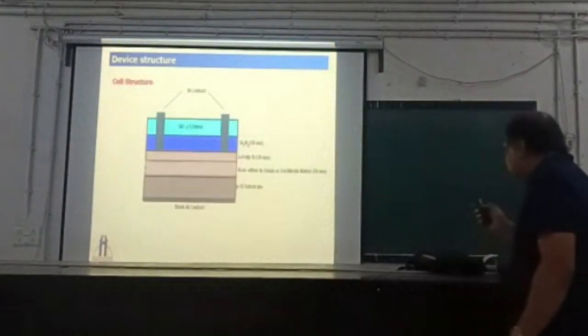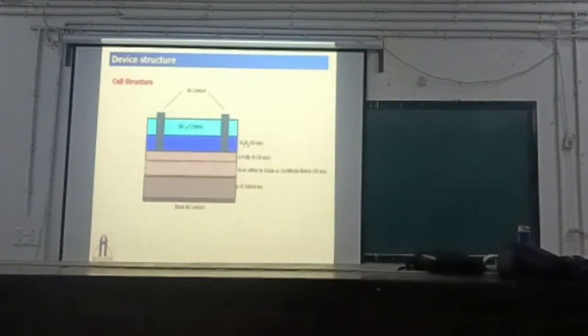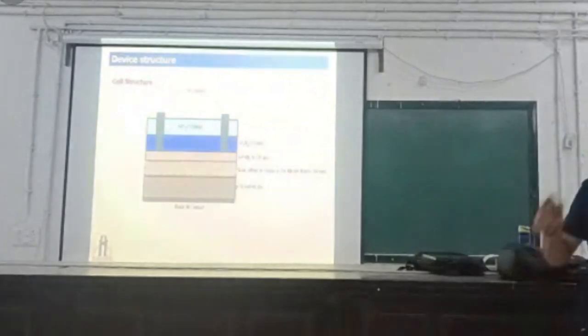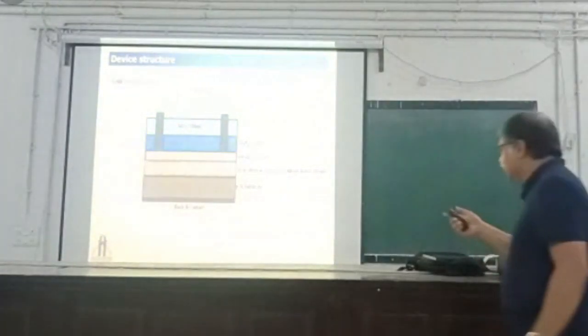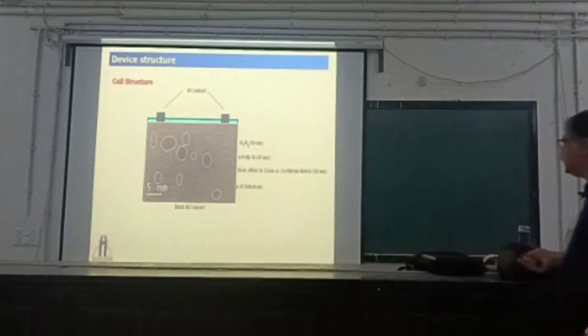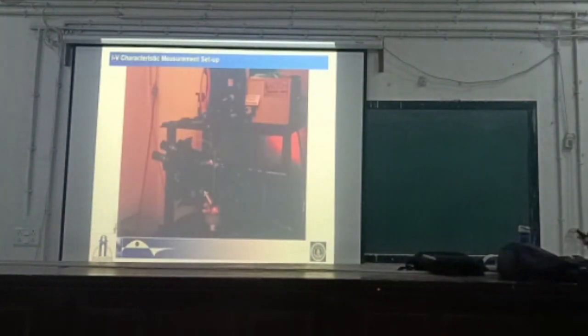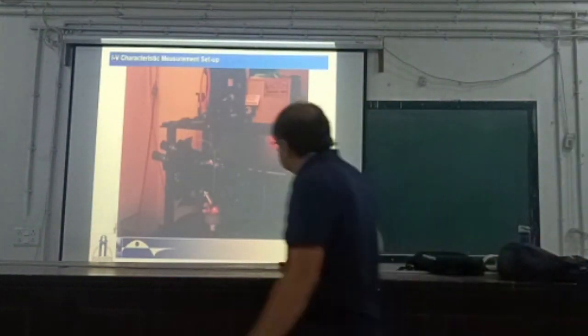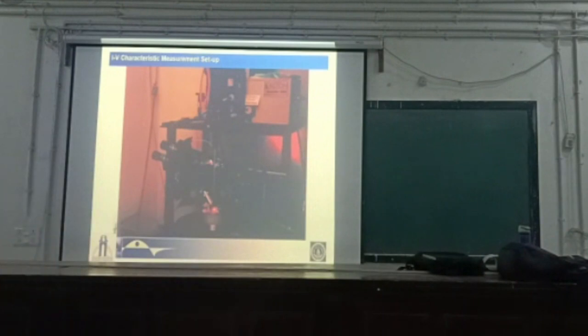Now what we did, we made a PIN device where the active layer is a silicon dioxide layer. I am not going into the details of that, and this is the setup. It's not very tricky. You are measuring the current and voltage characteristics, and you are shining suitable light.